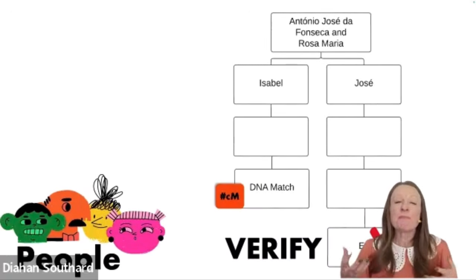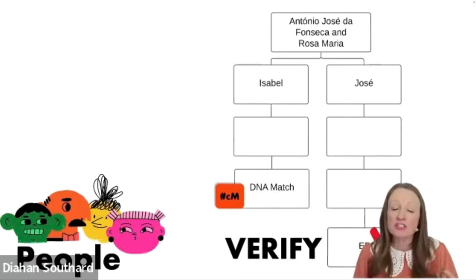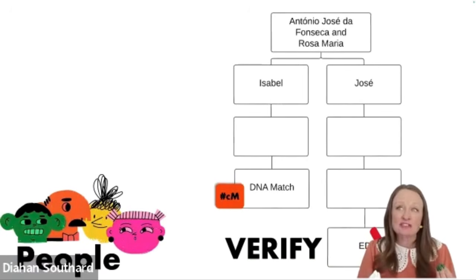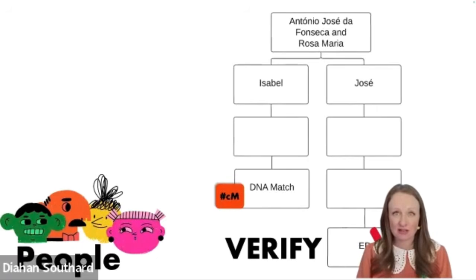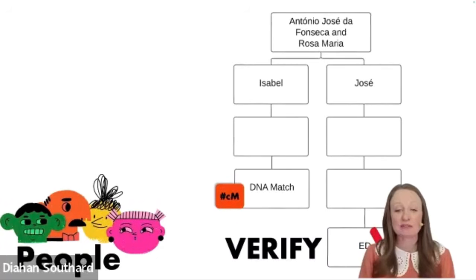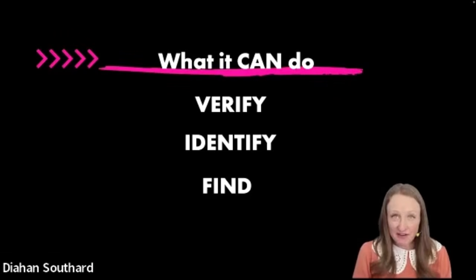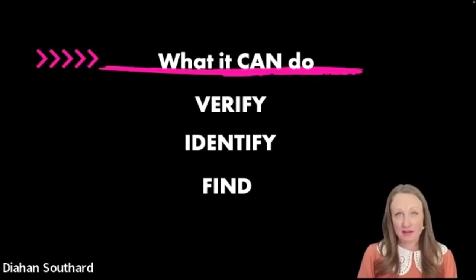So it's the combination of the genealogy records that link them to this couple and the DNA that just says, sure, right? DNA is verifying a connection that genealogy has made for you. Okay. So it can verify records that you already have.